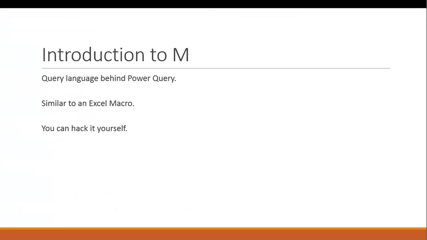Yeah, so the real benefit of M, I think, is the fact that you can hack it yourself, just as I did just before. I appended the two tables, but then just as easily I could attach a third table. In fact, I've done nine tables.